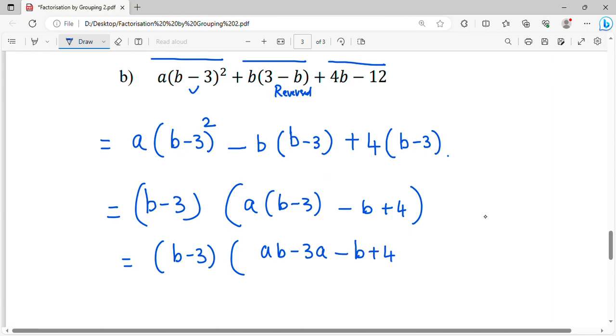I don't think there are any like terms, so you can leave it. But at the end of the day, please note that it is in the factorized form. Only inside the brackets you will be allowed to simplify, because factorization is nothing but the product of certain terms. So that is important.